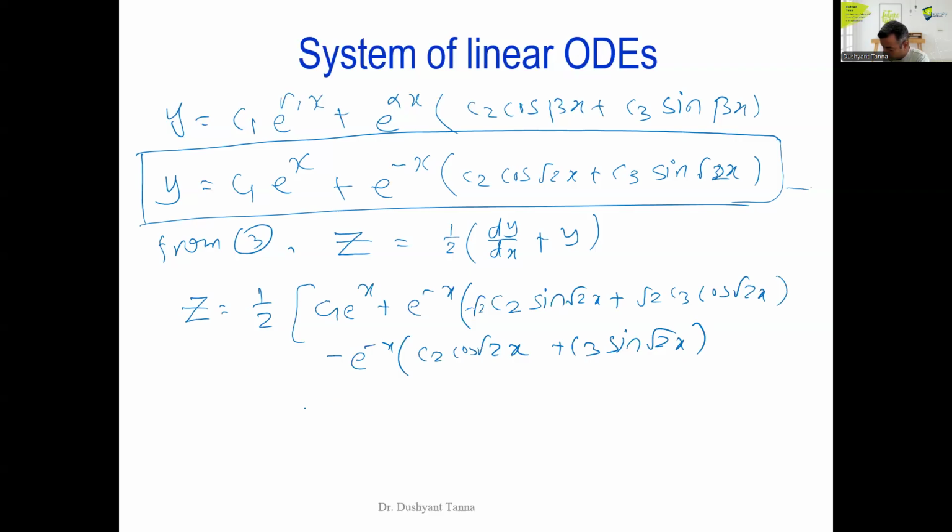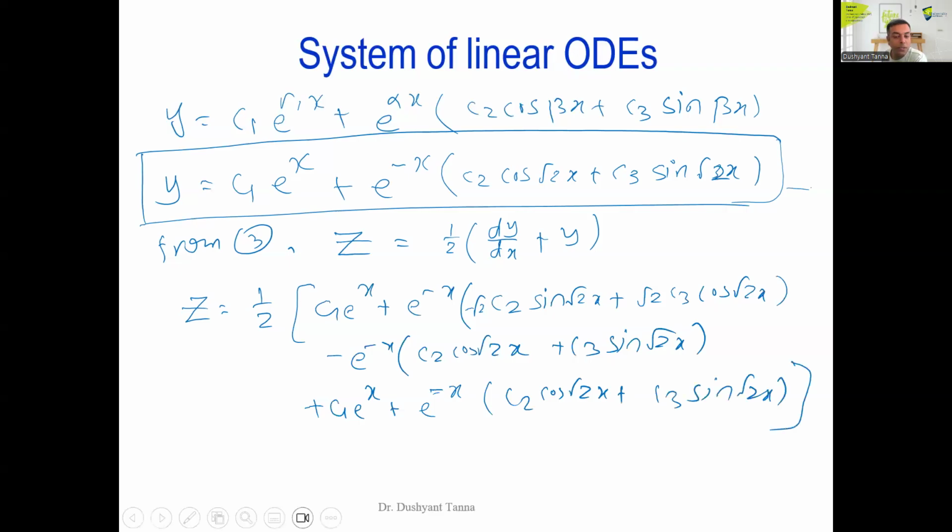Okay, what is our y? It is this whole thing: C1 e raised to x, e raised to minus x, C2 cos root 2x, C3 sine root 2x. Right? And then you simplify where you can, whatever you can take common. I'll have to flip the slide, but please be careful when you flip the slide.